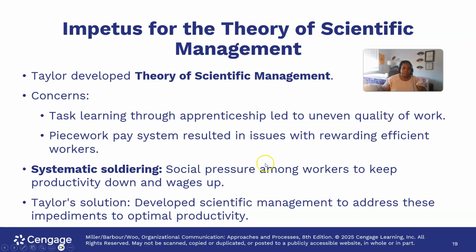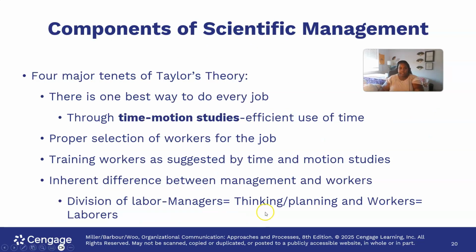This resulted in systematic soldiering, which is a social pressure among workers to keep productivity down but wages up. Remember, we're talking about human resources and motivation. You wouldn't be motivated to work more just to not get compensated for it. So a tailored solution uses scientific management to address these impediments to optimal productivity.